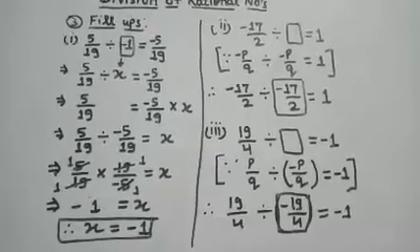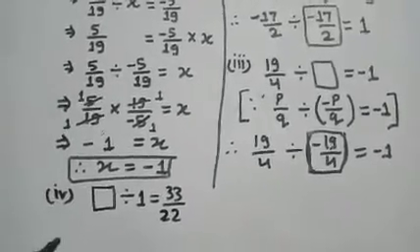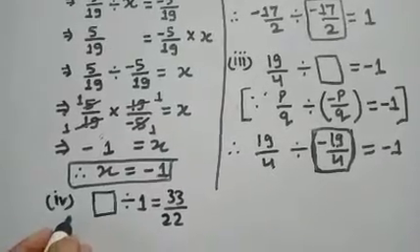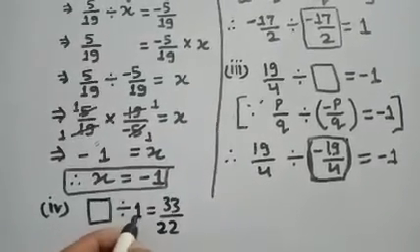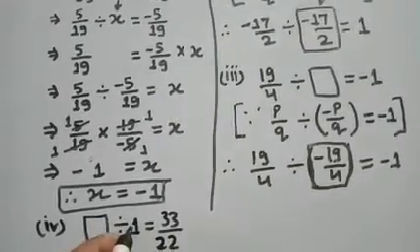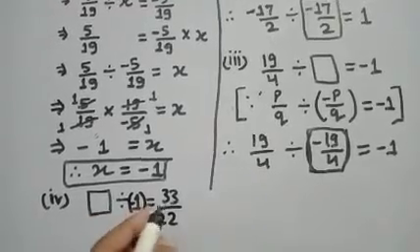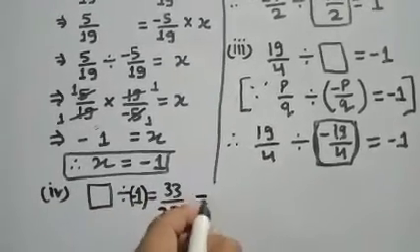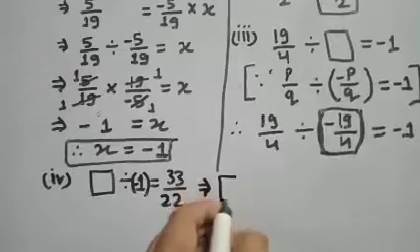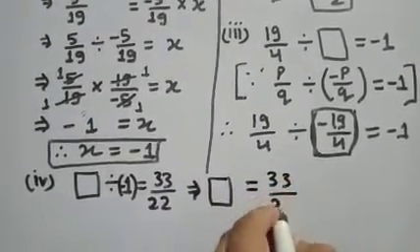Fill in the blanks. Now, the last part of this question: box is divided by 1, the result is -1, sorry, the result is 33 by 22. This implies box is equal to 33 by 22.